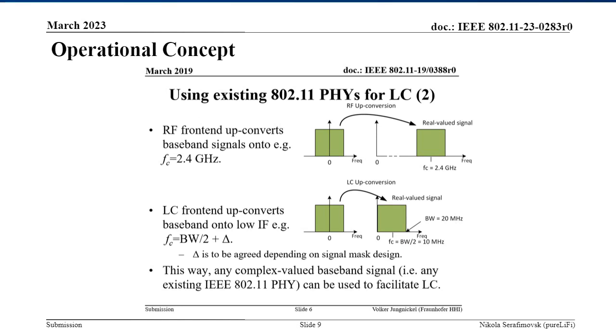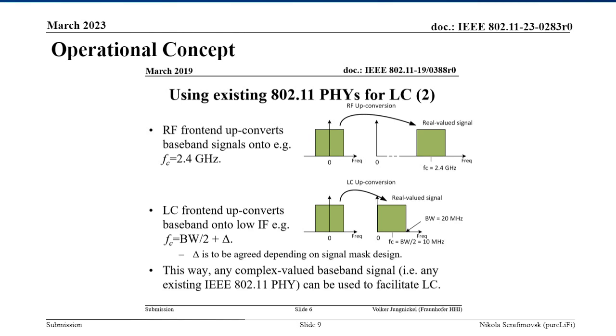As an operational concept, it's pretty simple. The idea is that we take exactly the same waveforms, exactly the same frequency and exactly the same MAC protocols that are currently used with the 2.4, 5, or 6 gigahertz bands, but rather than operating them at their center frequency of, say, 2.4 gigahertz, as shown in the example, we bring that closer to an FC, a carrier frequency, which is whatever the bandwidth of your system is divided by 2 plus a delta.